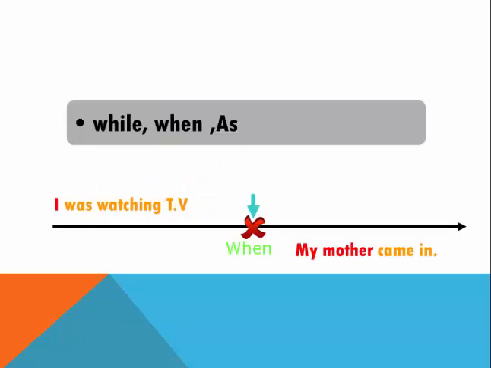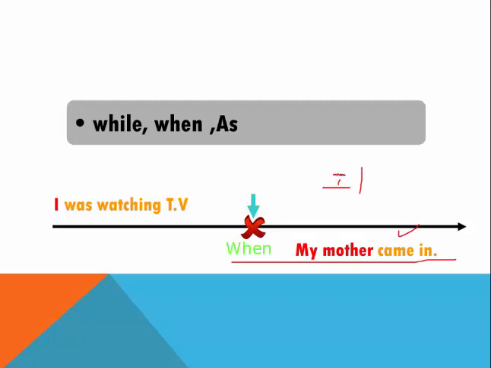We'll try to understand with an example. I was watching TV when my mother came in. See, two actions are there. My mother came in, and this uses simple past tense.